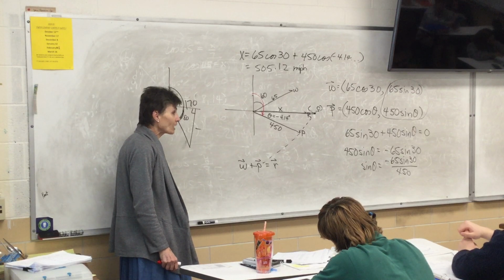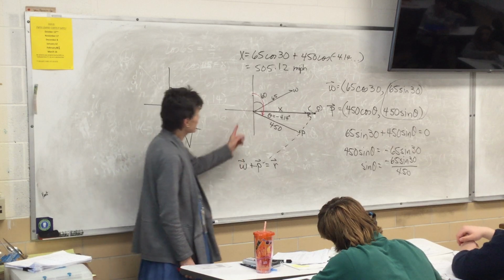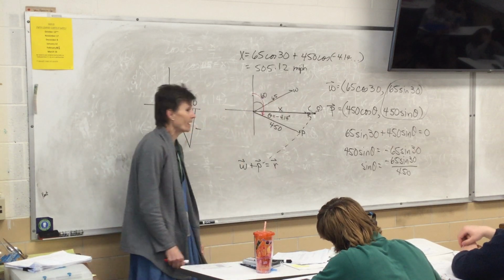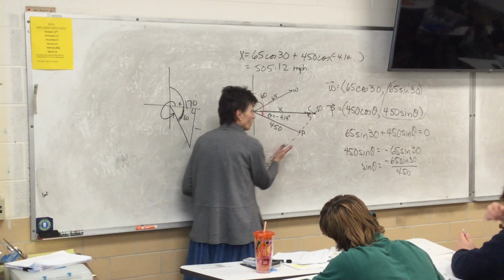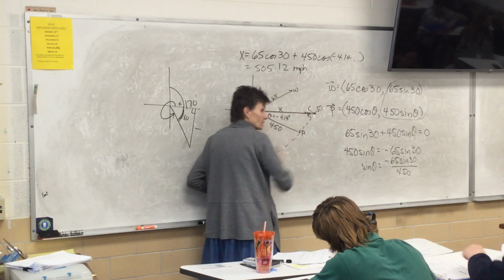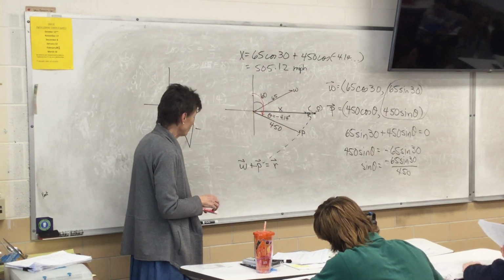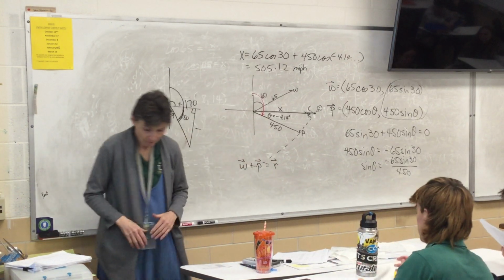And the actual ground distance covered will be 505 miles. Since the wind is blowing this way, it's blowing her off course, but it's also pushing her a little bit. All right, that's enough for one day.